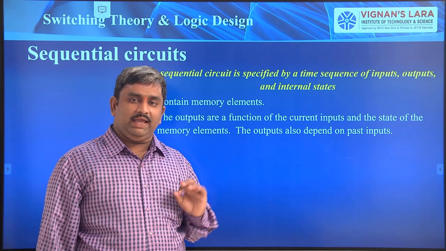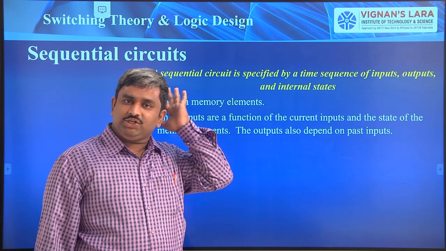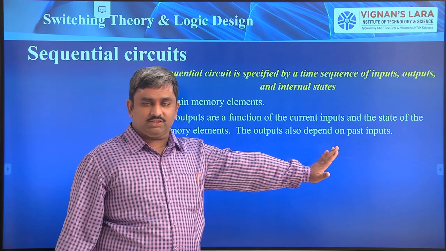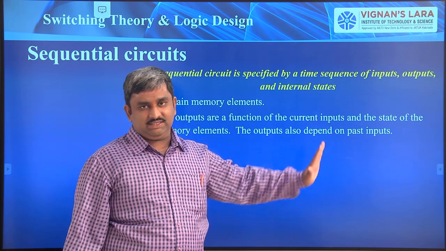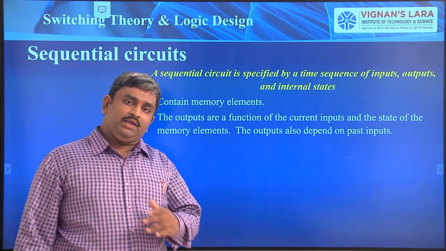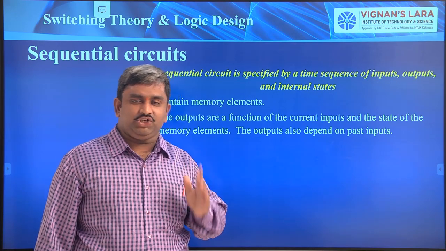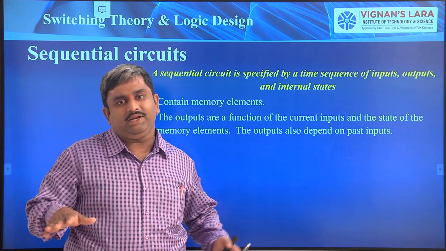Next, coming to the air conditioner. This air conditioner is an example of a sequential circuit. For example, when you switch on the AC, it automatically goes to the on state. But at that time the AC will check the present room temperature.